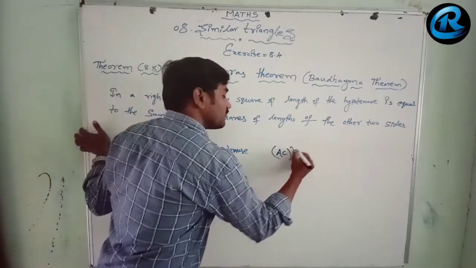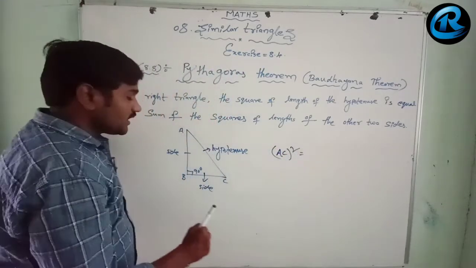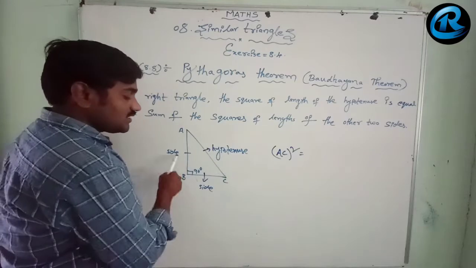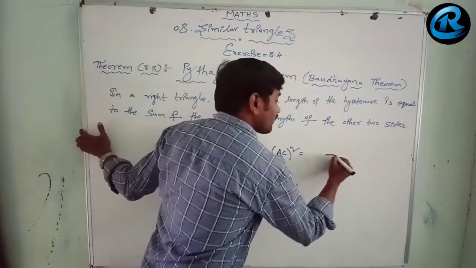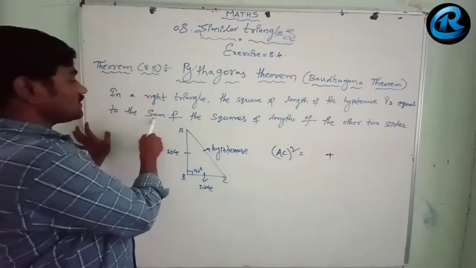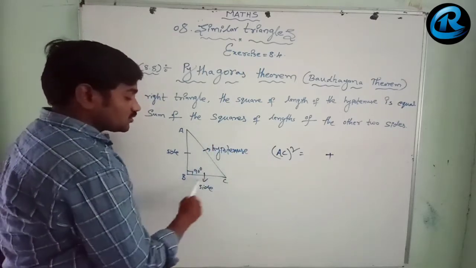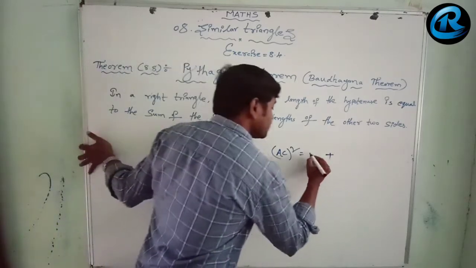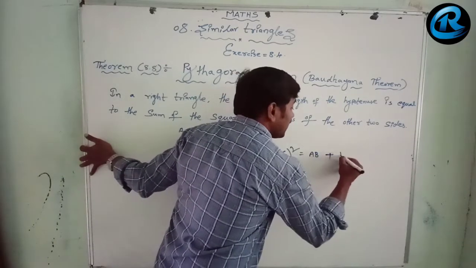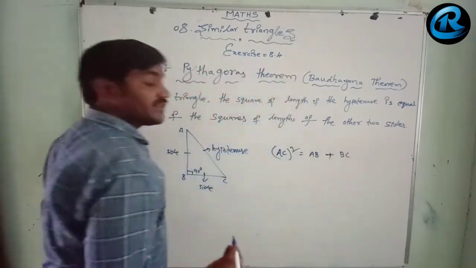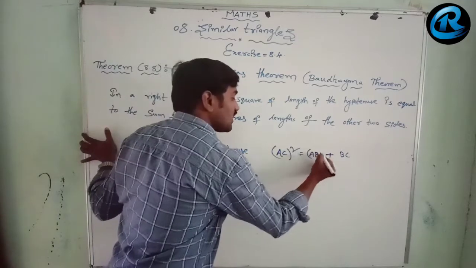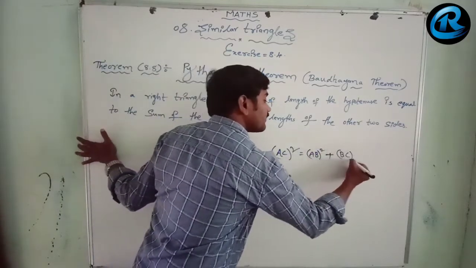The square of the hypotenuse is AC square, equal to the sum of the squares of the lengths of the other two sides. The other two sides are AB and BC.